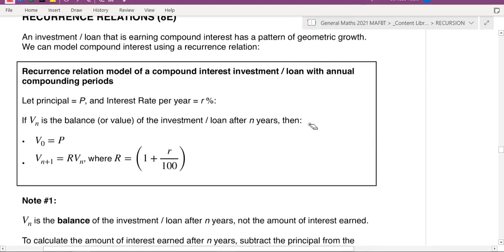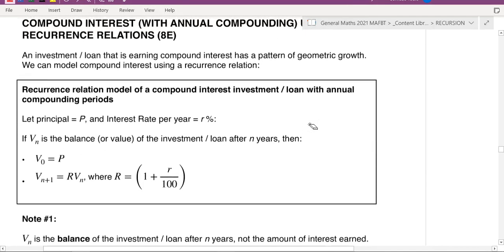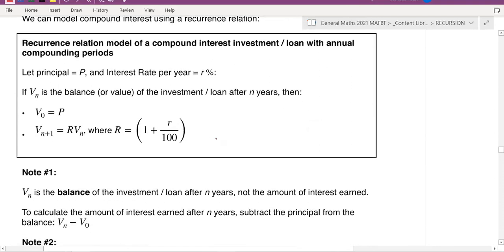A couple of things to remember. I did mention this rule just before, how to find that common ratio. If it's increasing, it's 1 plus R over 100, and if it's decreasing, it's going to be minus. But for now, we'll just focus on increasing. V0 is the same, it doesn't change.